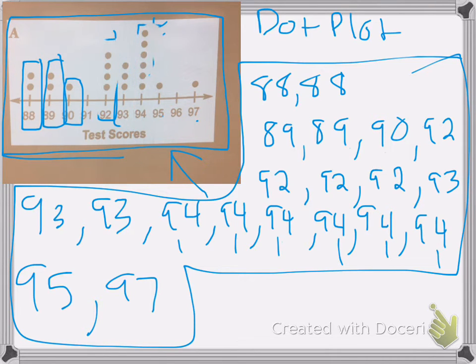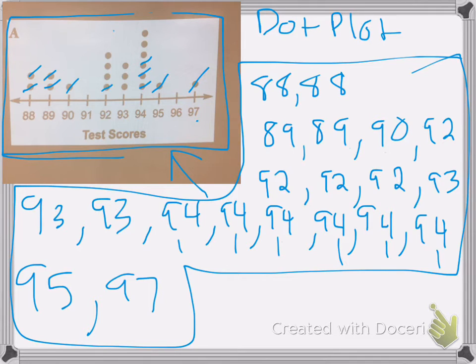To find the median, just like when we had numbers, we tick off 1, 1, 2, 2, 3, 3, 4, 4, 5, 5, 6, 6, 7, 7, 8, 8, 9. What is my median going to be? 93, because even if I tick them off, I'm sitting at 93. So 93 was the median.